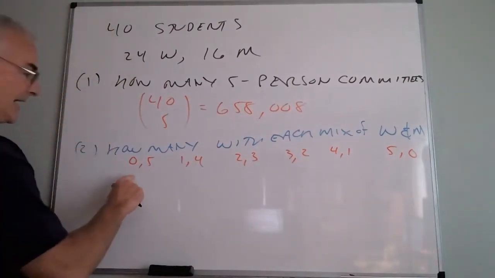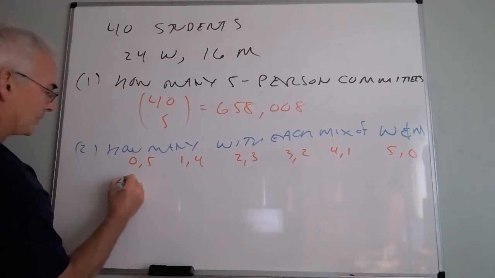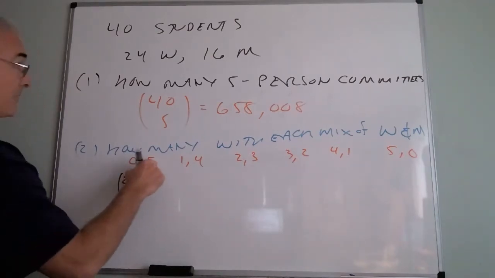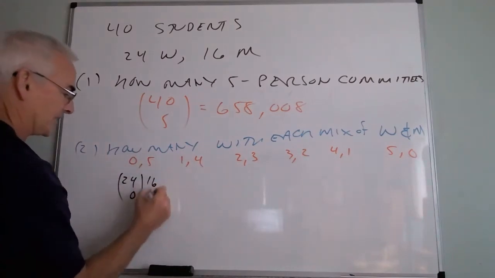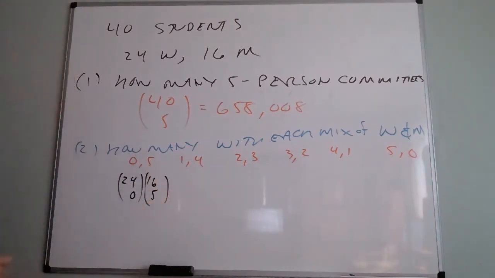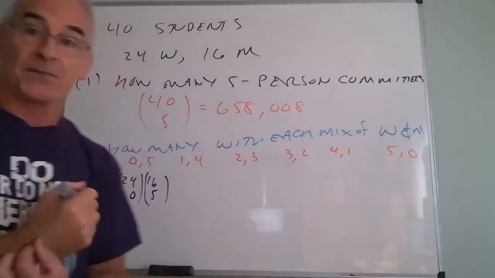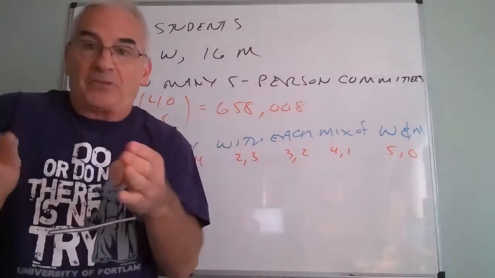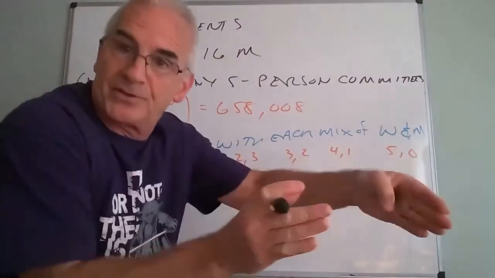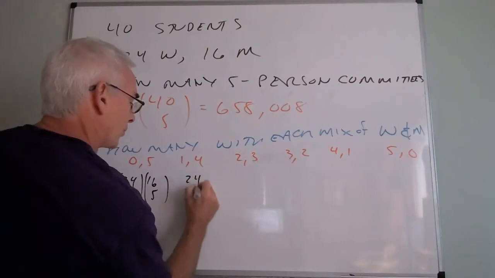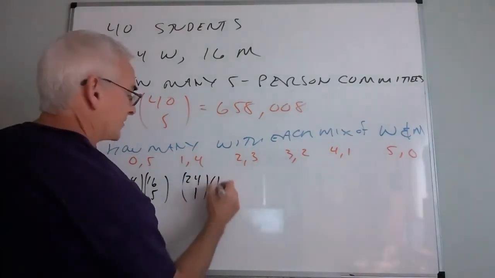So let's write down the numbers. So how many ways can I have 0 women? Well, that would be 24 choose 0. Obviously, that's 1. How many ways could I have 5 men? That'd be 16 choose 5. And I am matching them, so I have to multiply these. See, if I just said how many ways can I have a certain number of men, but I'm matching it with the same certain number of women. Here, this would be 24 choose 1 and 16 choose 4.